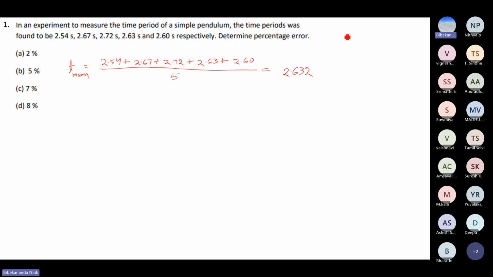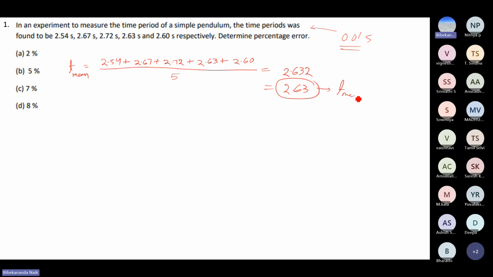So the least count of the clock used to measure the time period is 0.01 second, is it not? So we will only take 2.63 because this 2 is less than 5. So this 2.63 is the mean time.